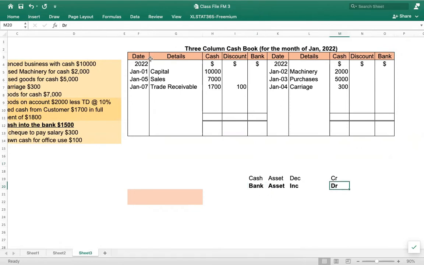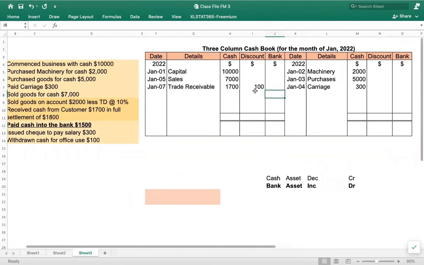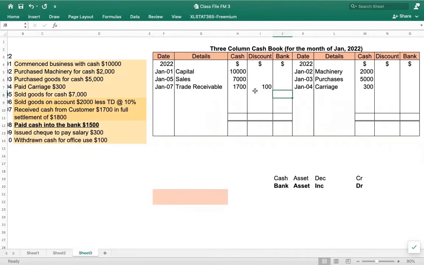So this is the debit side. In the bank column, I will put the money. How much? You put 1,500. And in the column for details, I will write the name of the other account. What is the name of the other account? Cash. And I will put the date Jan 8th.